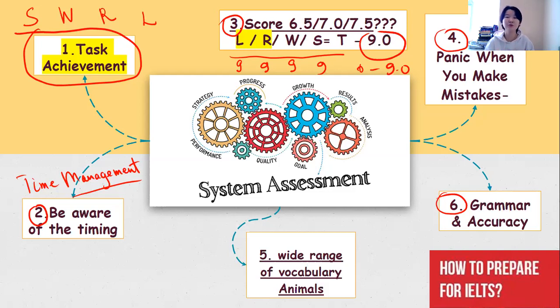There should be a wide range of grammatical structures. So you should sharpen your grammar. You cannot ignore grammar because it's one of the important components of this exam, but still it needs practice.